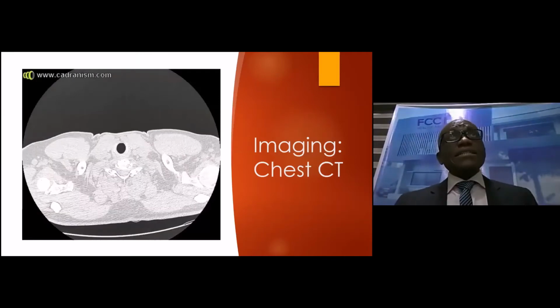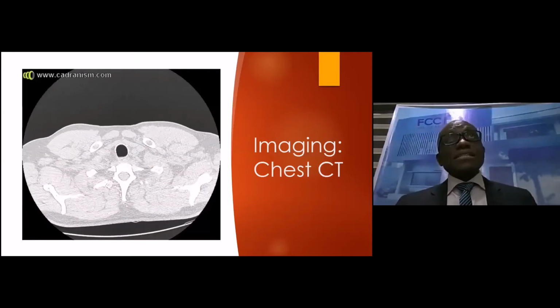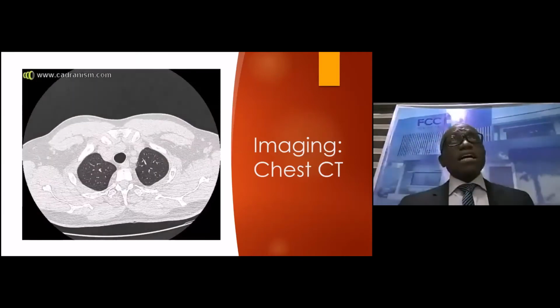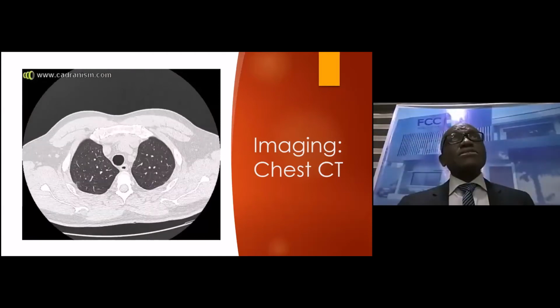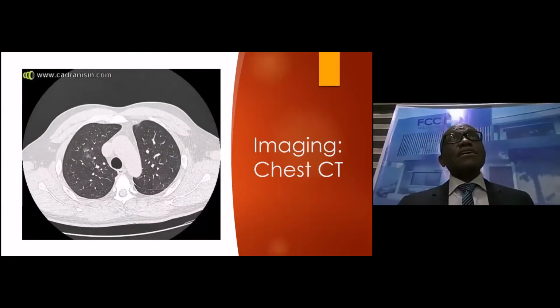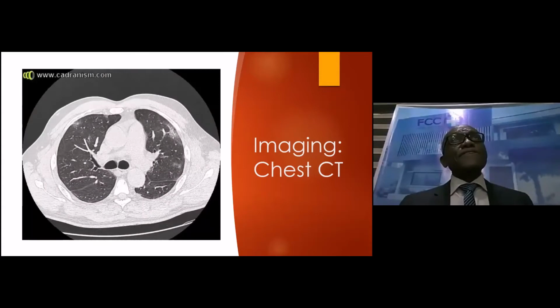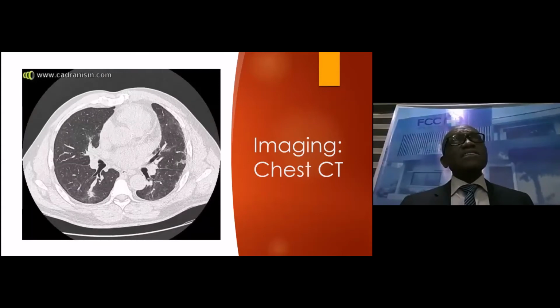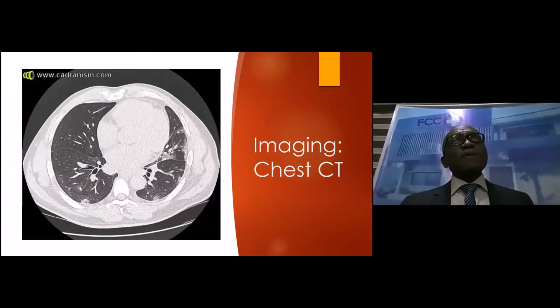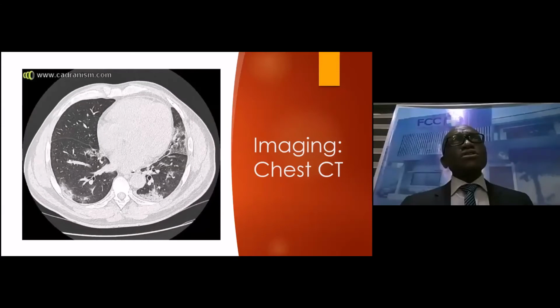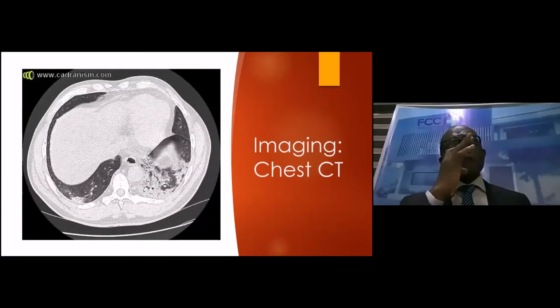And here is his CT scan, which I will pause, which is showing you this peripheral distribution, things that look like spider webs. And at the lower zones, you can see there's a lot of consolidation.